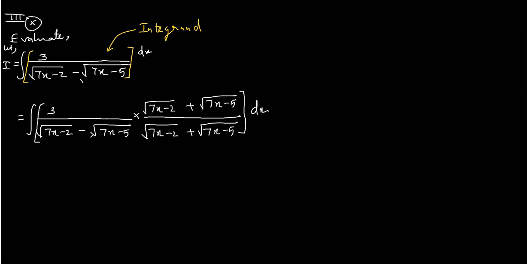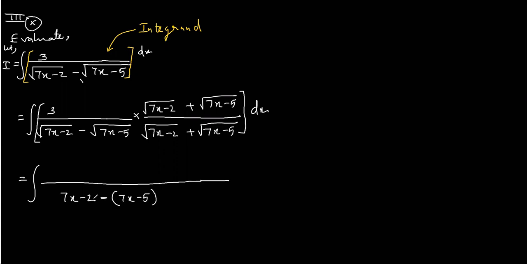Next step, students: this is a minus b into a plus b, so a square minus b square. You get the square of this minus the square of this. The square of this gives 7x minus 2. Then minus the square of this, so here you have a negative sign and 7x minus 5. Don't forget to put a bracket here.